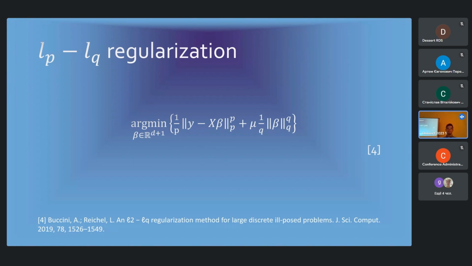Finally, we have the LPLQ regularization, which does not use one, but three parameters, P, M, and Q. Now, P and Q must be between 0 and 2, and M is respective to lambda, as we saw in the previous method.